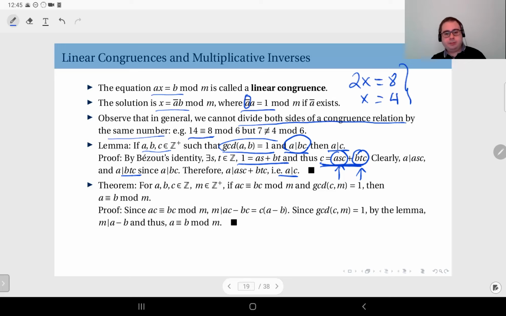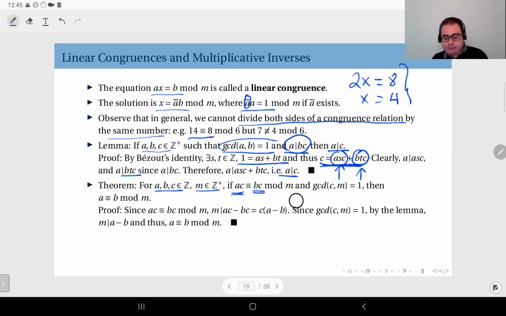Now, based on this lemma, we have this theorem for integers a, b, c, and positive integer m. If the products a times c and b times c are congruent modulo m, now recall we said that in the general case, you cannot factor out these c's. You cannot write a congruent to b modulo m in general, okay?